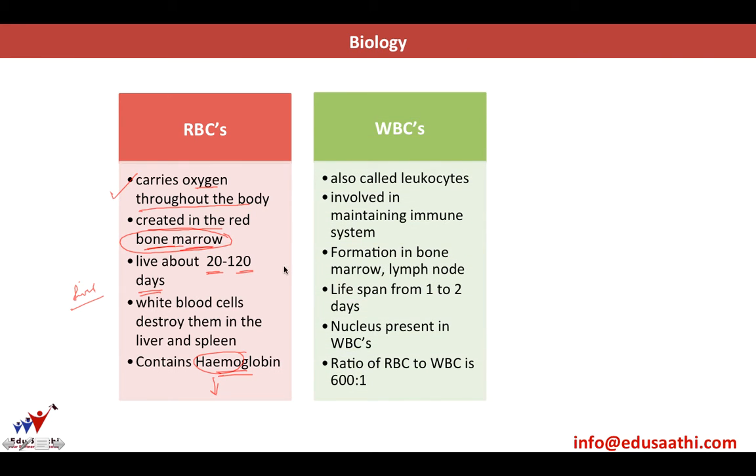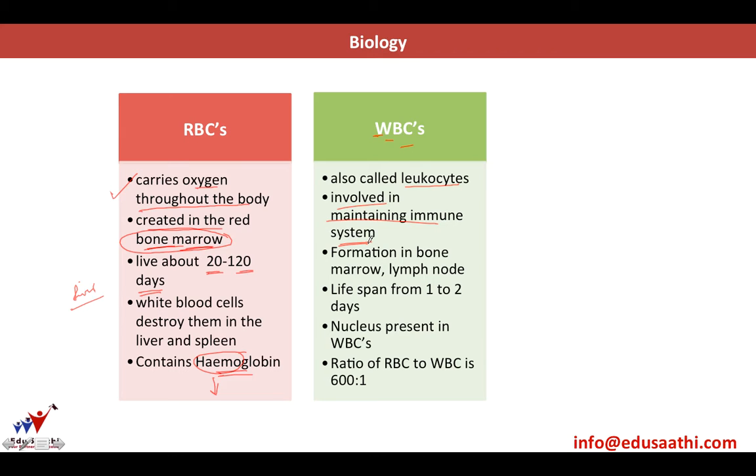Okay, let's move forward and talk about WBCs, also known as white blood cells. White blood cells are also known as leukocytes. They are involved in maintaining the immune system of the body.